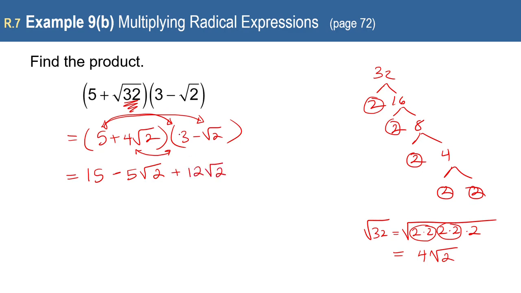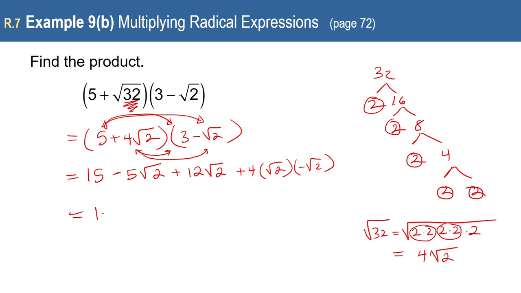We're just multiplying the number 3 times the number 4 with the square root of 2. 4 times root 2 times negative root 2 gives me 4 root 2 times negative root 2.